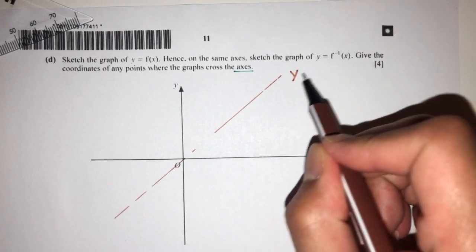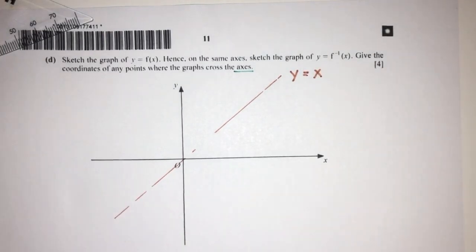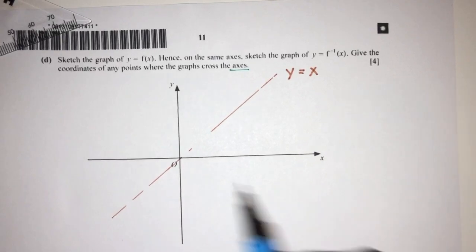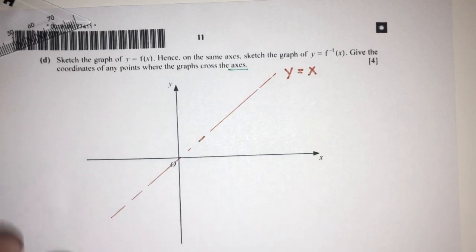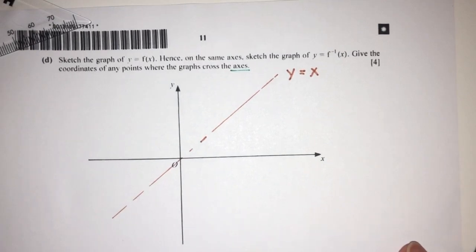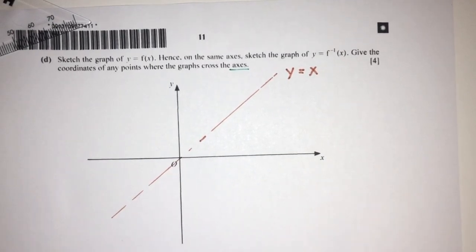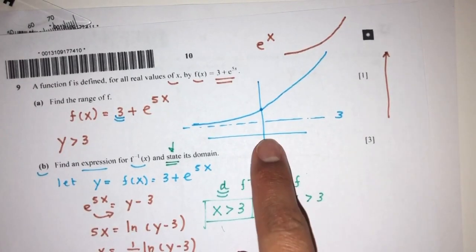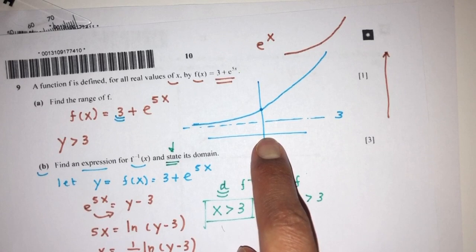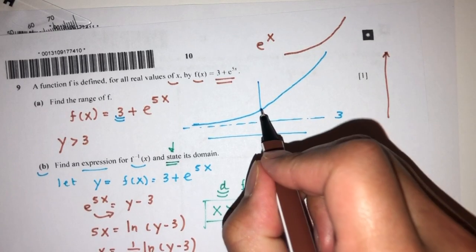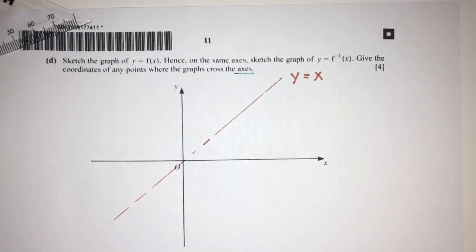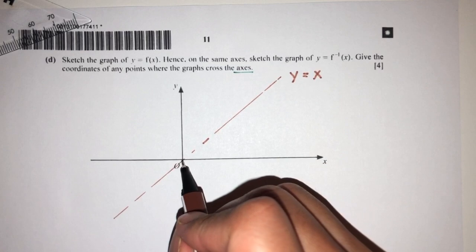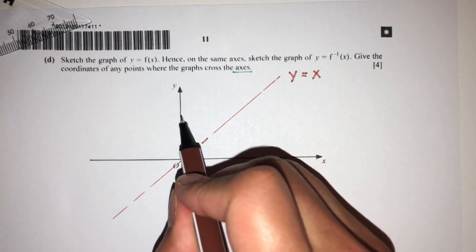Okay, so here it is y equal to x. Now, as we have seen, the shape here is right. So let's draw the first thing, which is y equal to f of x. As we have seen, the shape is somewhat like this, right? When the value of x is 0, the value of y is equal to 4. So that's the first value that I have here. So 0, that should be the value of 4, let's say somewhere over here.